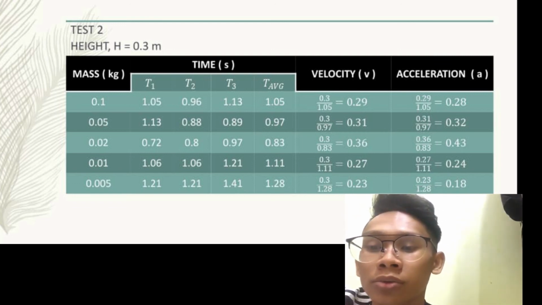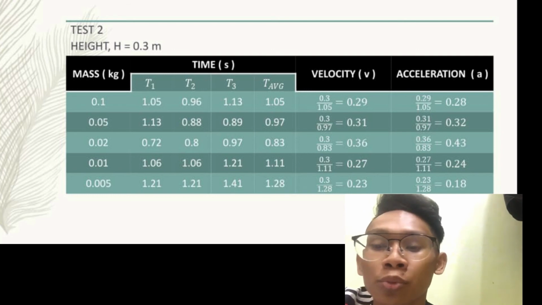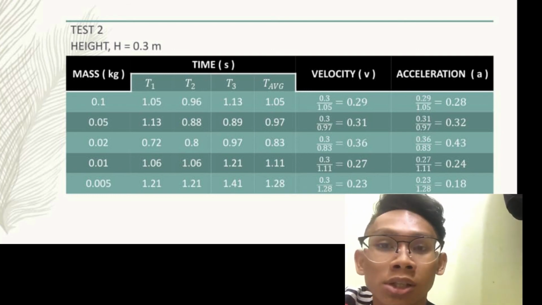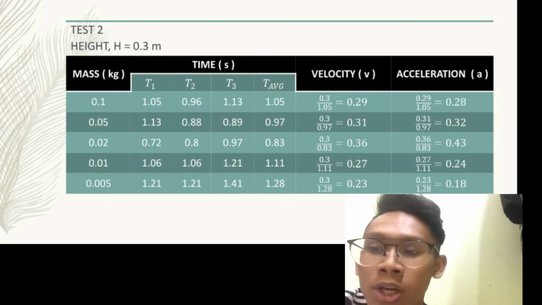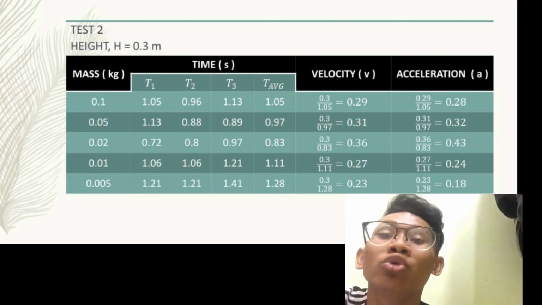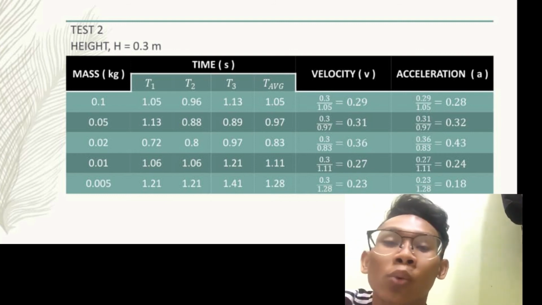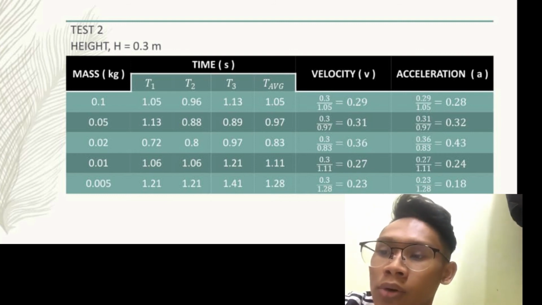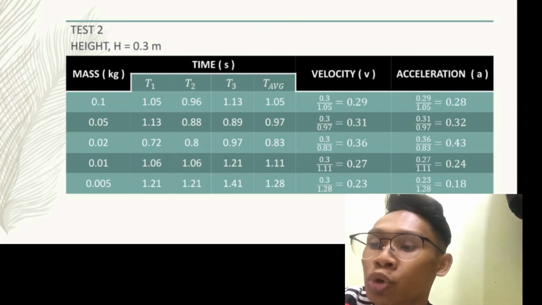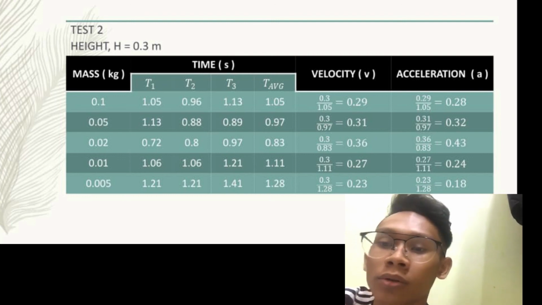Fourth, we use 0.01 kg, and first we got 1.06, second 1.06 also, and third 1.21. For AVG we got 1.11. For velocity we got 0.27, and the acceleration 0.24.